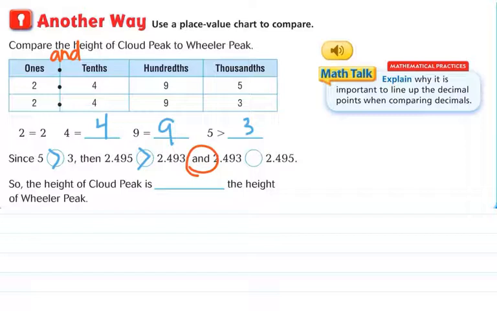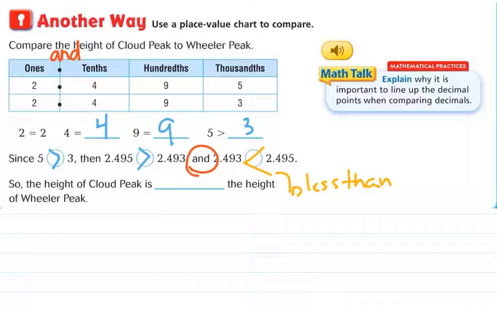So in the second comparison that we have here, we have 2 and 493 thousandths is less than 2 and 495 thousandths.